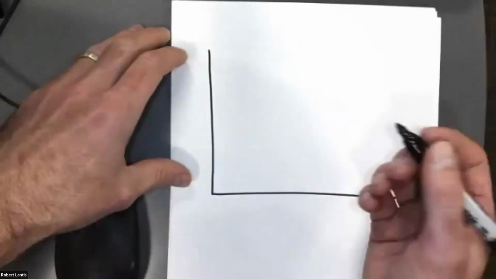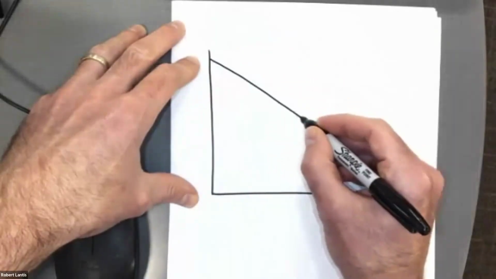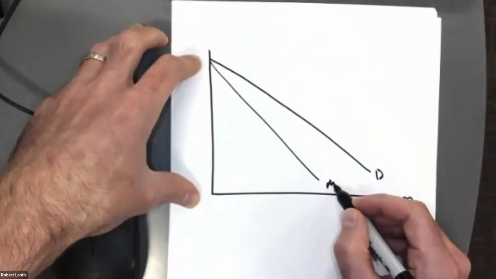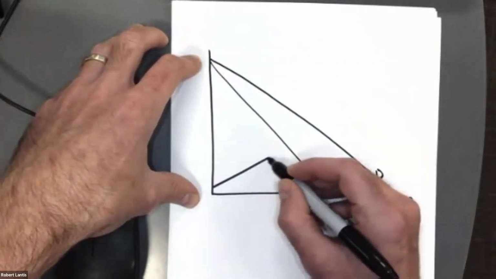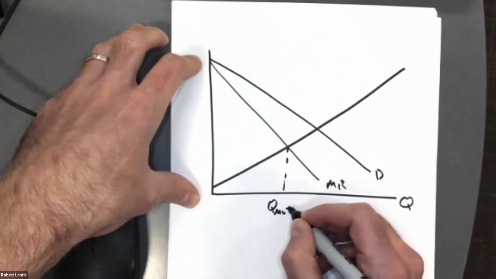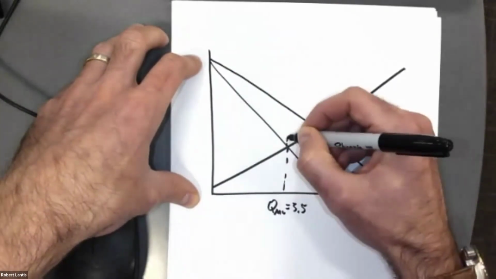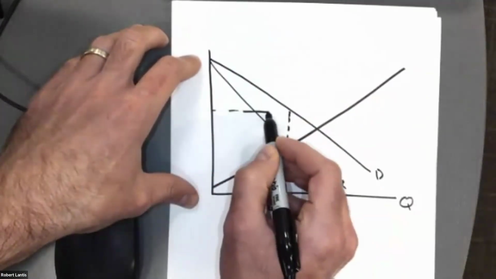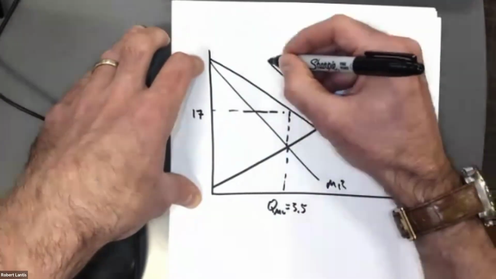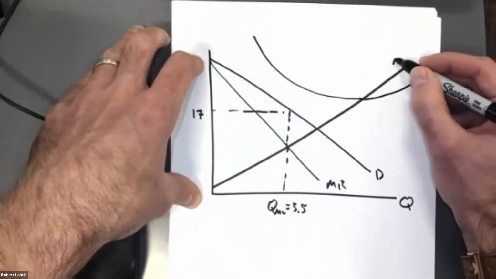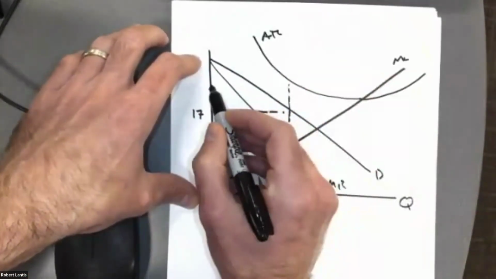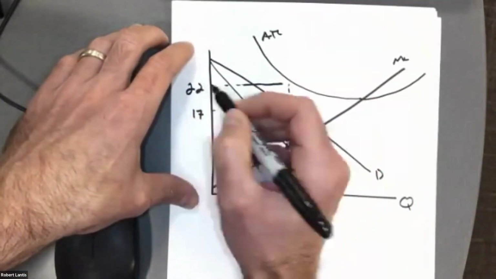So what I'm saying in practice, if I ever have this demand curve and this twice as steep marginal revenue curve, and at that quantity that the monopolistically competitive firm was choosing, we said that price was 17. However, the point we were at on the average total cost curve at that profit maximizing quantity was 22.